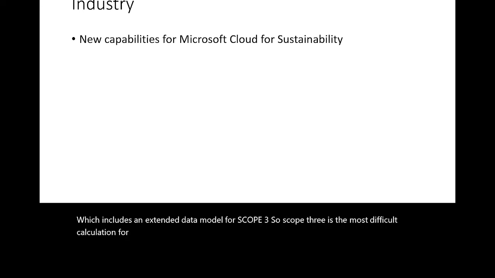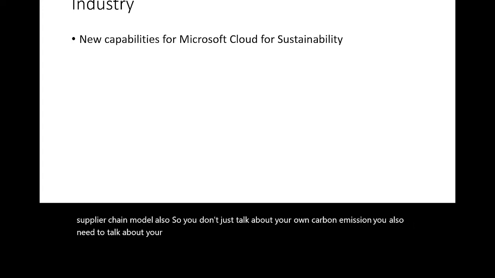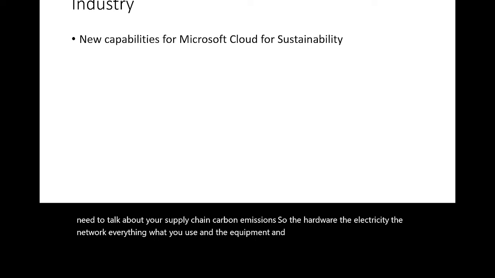Scope 3 is the most difficult calculation for any sustainability calculator because Scope 3 depends on the supplier chain model also. So you don't just talk about your own carbon emission, you also need to talk about your supply chain carbon emission. The hardware, the electricity, the network, everything you use, and the equipment and the plastics and the wares and the fibers. All of them are the supply chains.